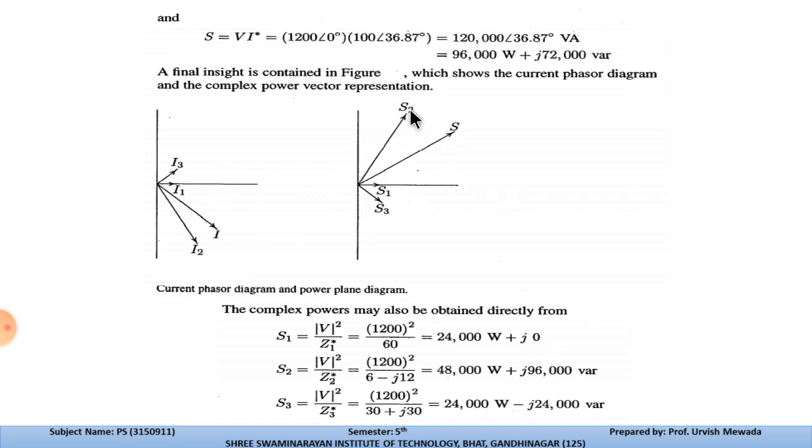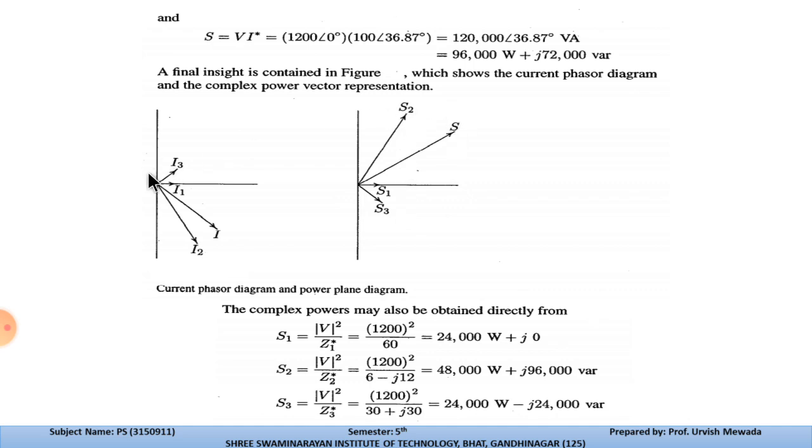And S3 was 24,000 active power minus j 24,000 var, so it was negative and is taken below the plane. So S2 and S3 are here. The resultant from the addition of all the apparent powers, S1 plus S2 plus S3, is 96,000 active power plus 72,000 var. The resultant is above the plane. Here you can see this is the resultant of S1, S2 and S3.